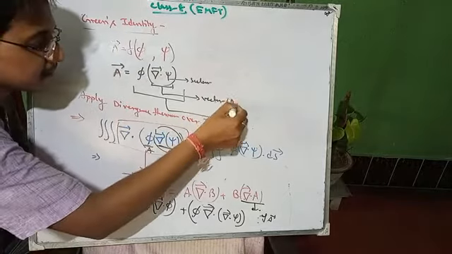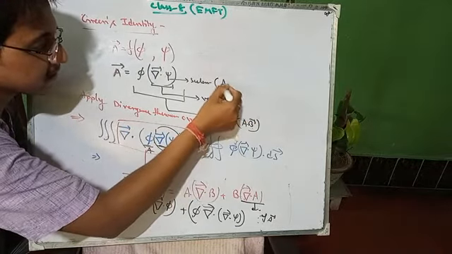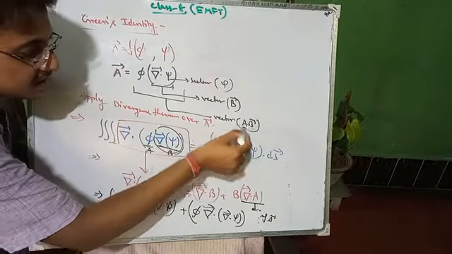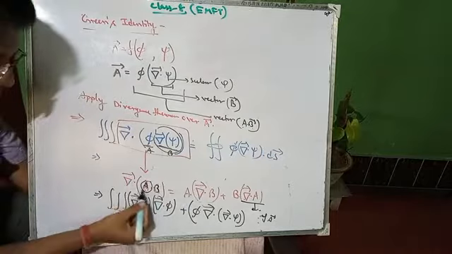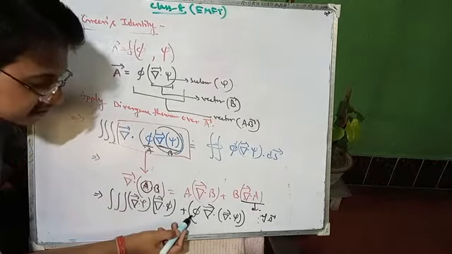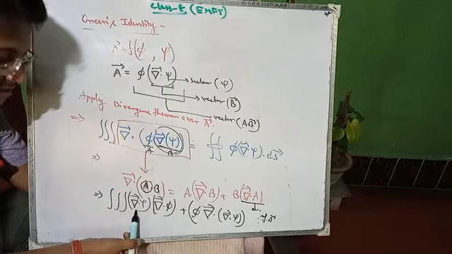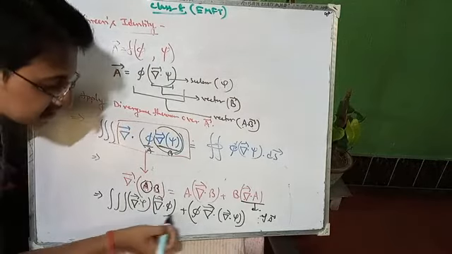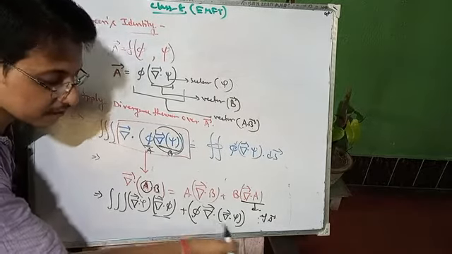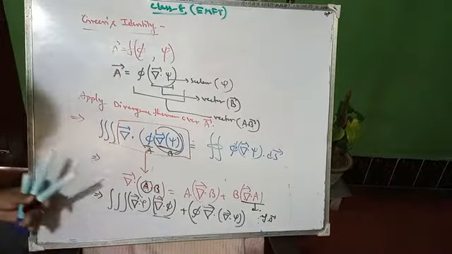So A means phi. Phi is taken outside and B is diverged, and here B is taken outside and A is diverged. That's why we pronounce it as the gradient of phi here, and the divergence of the gradient of psi there. So if we expand it, it will come.